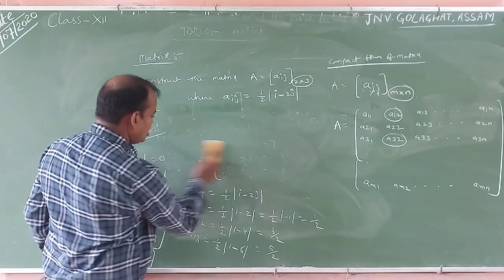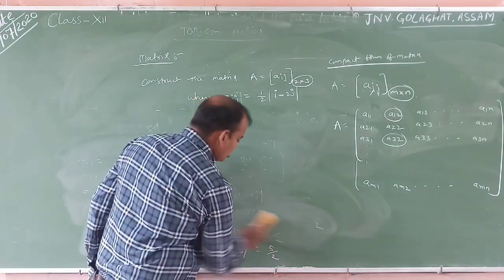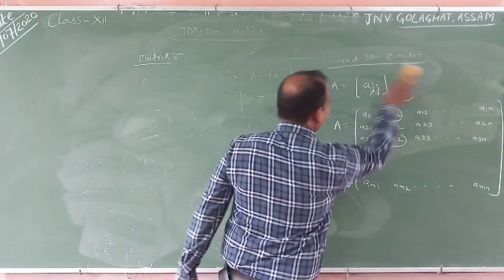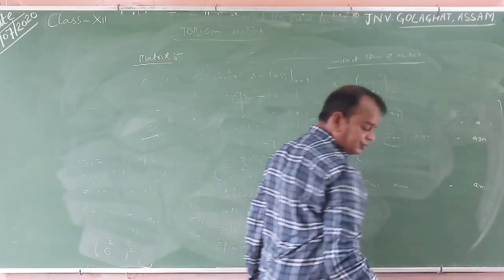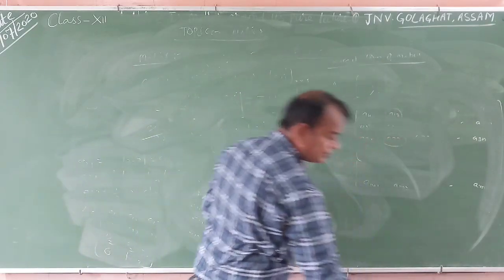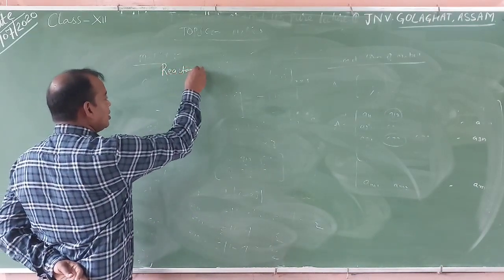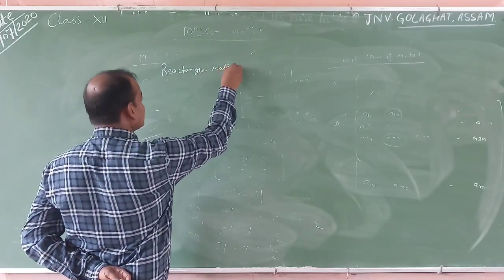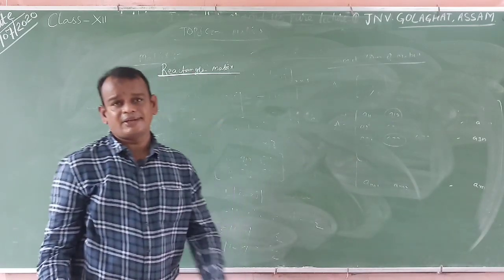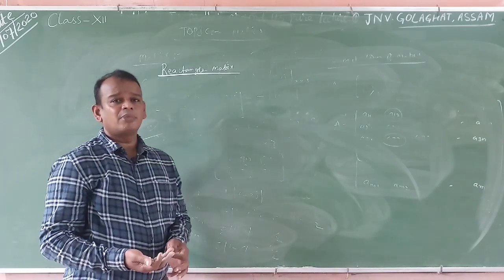Next we discuss the types of matrices. First one is the rectangular matrix, in which the number of rows is not equal to the number of columns.